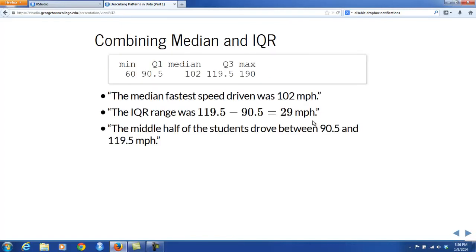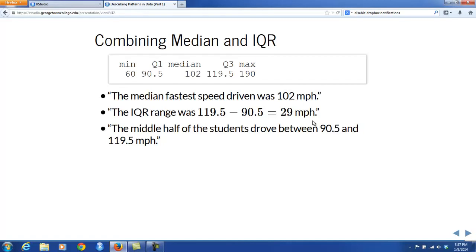Just as you combine the mean and the standard deviation to describe center and spread, you can combine the median and the interquartile range. And so you might give a report something like this. For the fastest speeds, the median fastest speed driven was 102 miles per hour. There's your description of the center.